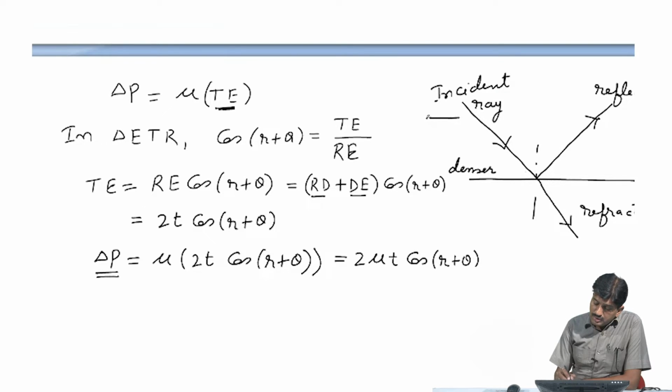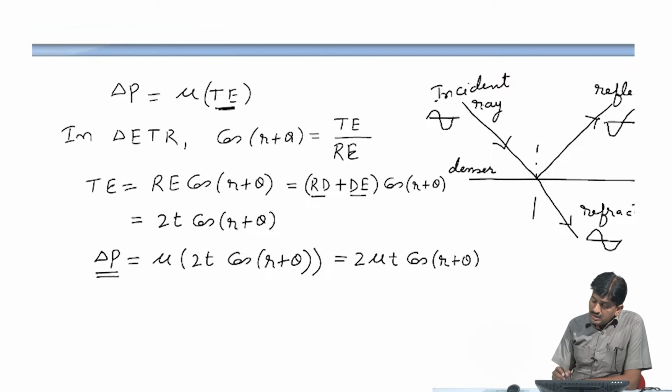Suppose this is the phase of the light ray, then there is no change in phase of the refracted ray compared to the incident ray, but the reflected ray has a change of pi.